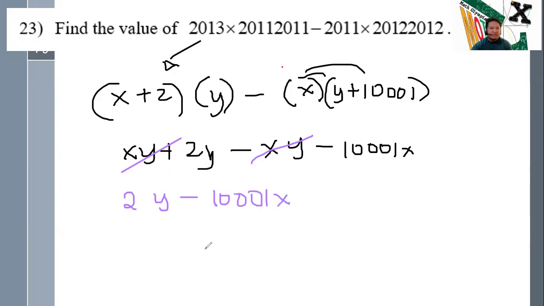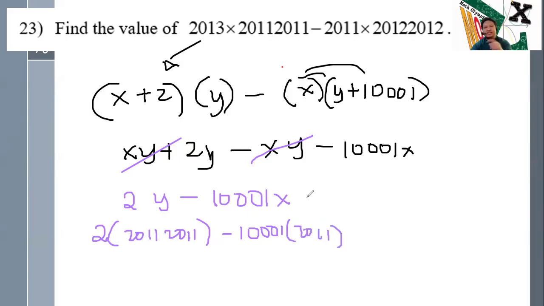Your y is basically 2 times 2011, and your x will be 2011. So we have 4022 times 2011 minus 10,001 times 2011.